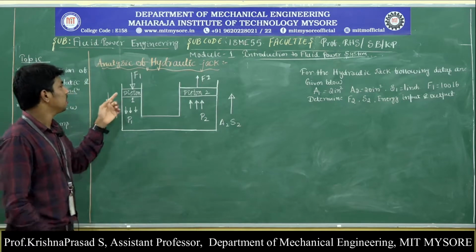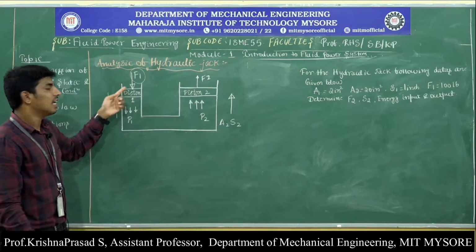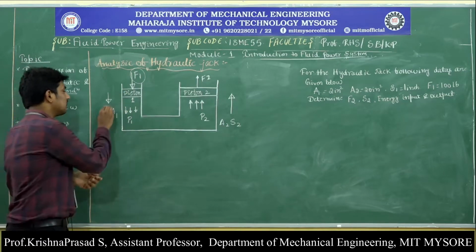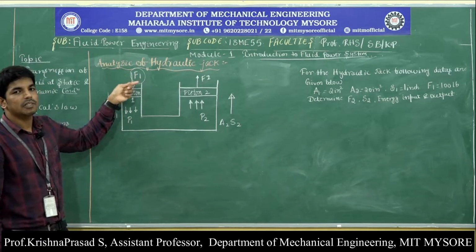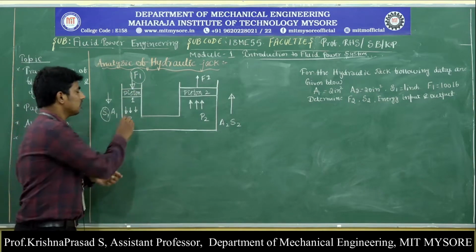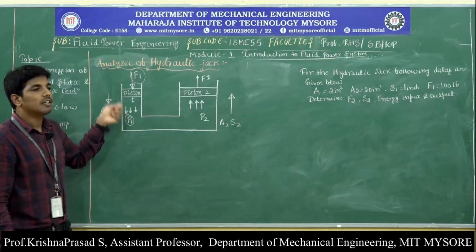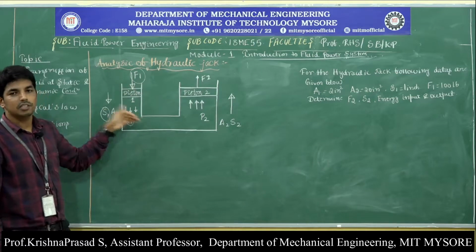The first important thing is, when force F1 is applied to the small diameter piston, it will move downwards with a displacement of S1. When force F1 is applied to piston 1, the pressure P1 is going to develop. This pressure P1 is transmitted undiminished and travels down to the bottom of the piston.